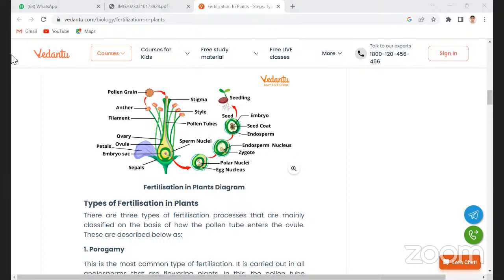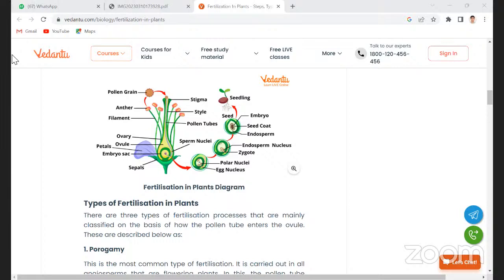Generally, only one pollen tube is formed from each pollen grain, monosiphonous. But in those taxa more than one pollen tube may be formed from each pollen grain. What do we call this type? Polysiphonous.